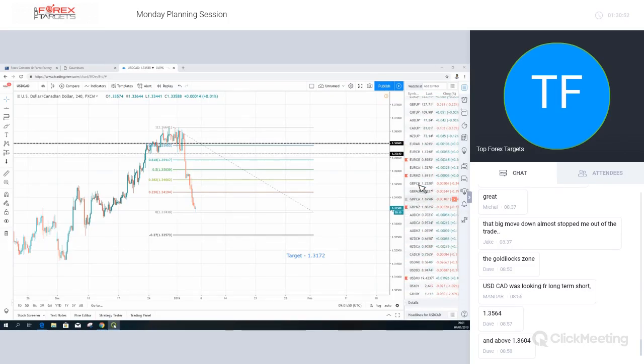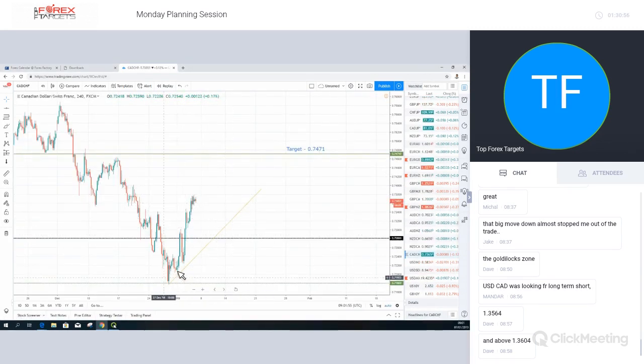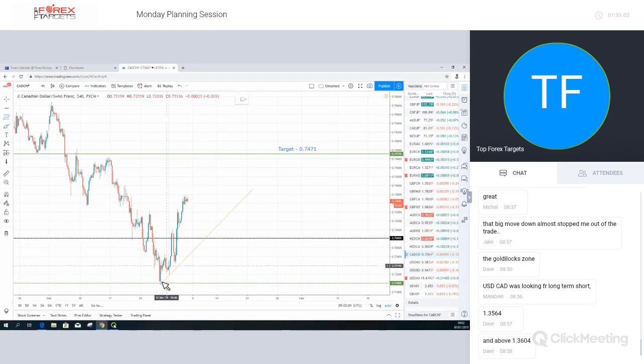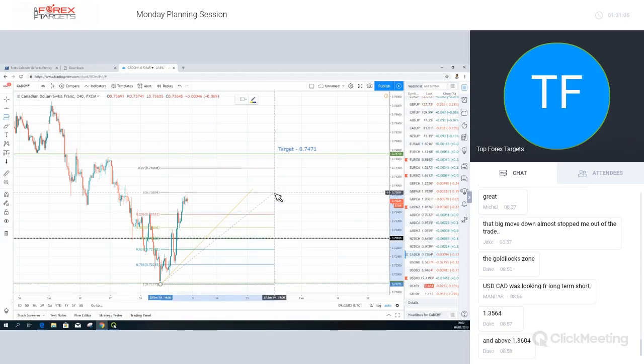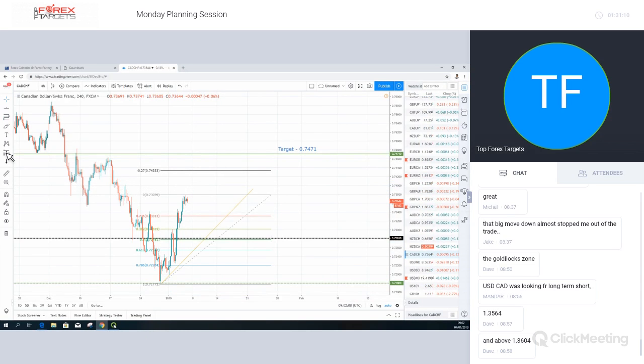So I'm not going to go through everything. We're going to wrap it up here, but it's exactly the same. 1, 2, 3, 4. It looks like this is finishing to the upside. We could probably take the whole thing. And again, you see how this is probably even a nicer setup in terms of the CAD franc.